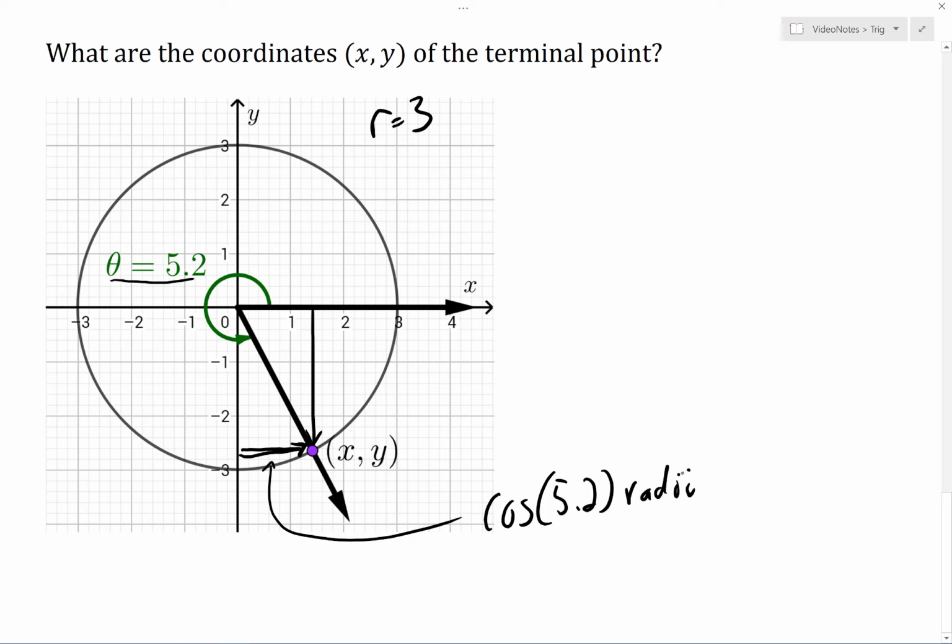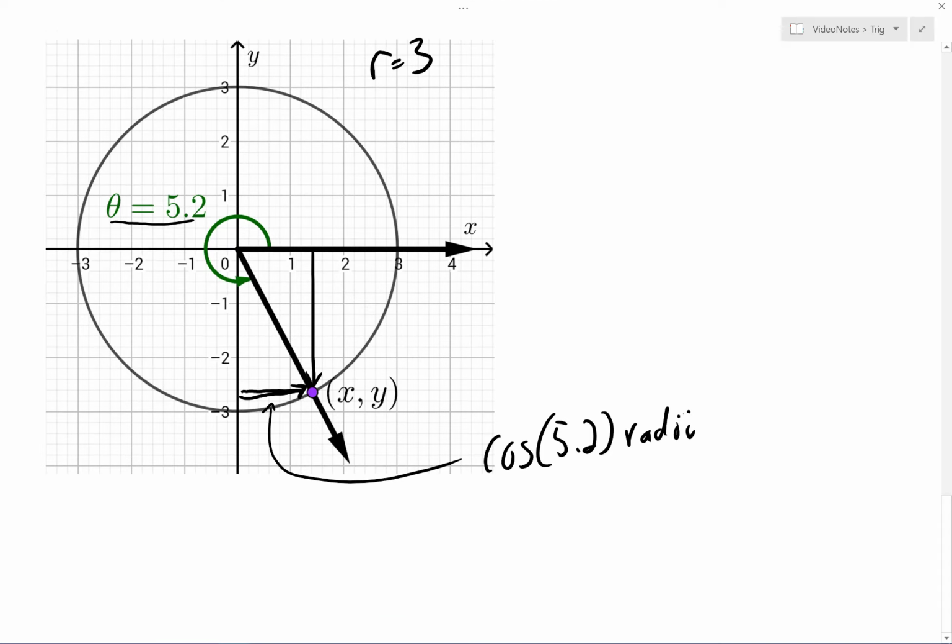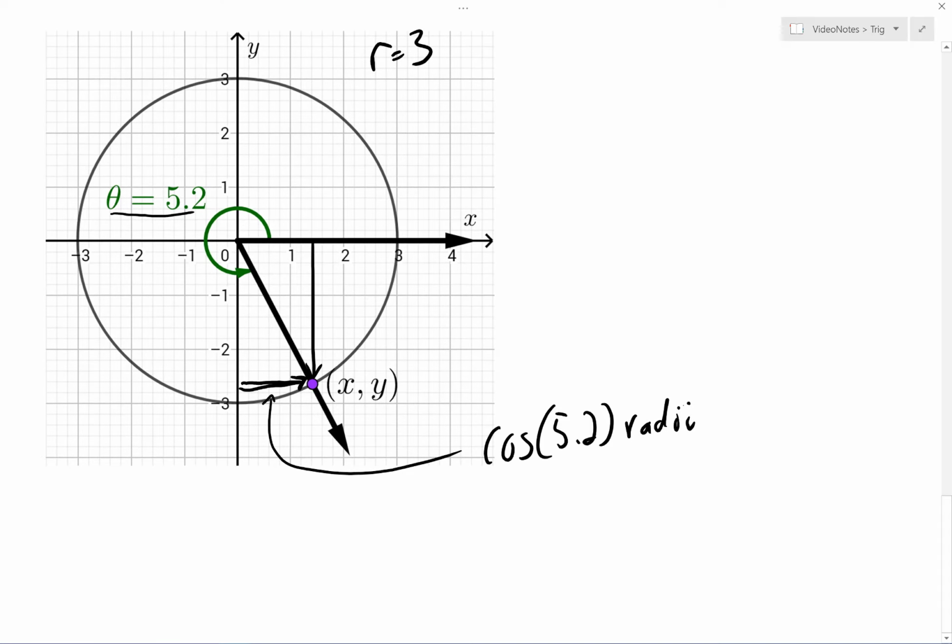However, the radius of the circle is 3, so that distance in our standard units is actually 3 times that cosine of 5.2. So our x-coordinate in this case is 3 times cosine of 5.2. And 3 times cosine of 5.2 is roughly 1.406.